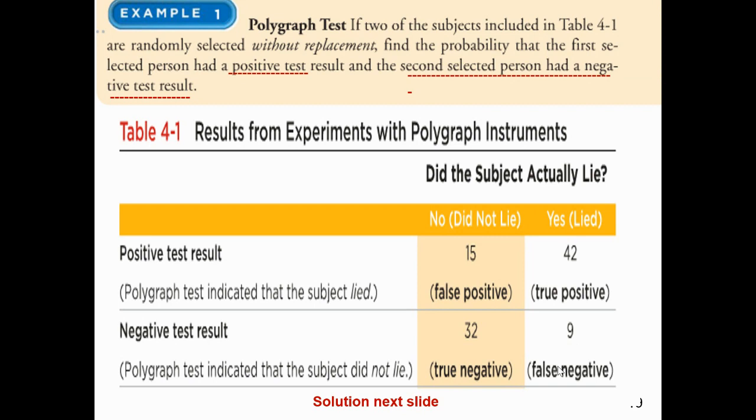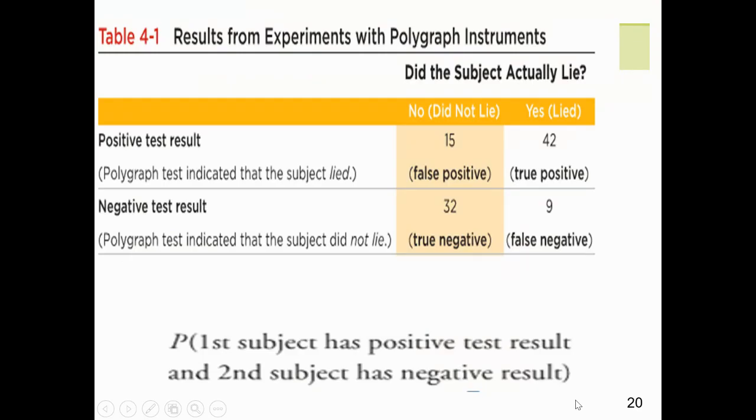All right, so the first thing I need to do here is, well, I guess I'm not doing it just yet. This is the same slide as the previous one. Here's what he's asking us: find the probability that the first subject had a positive test result and the second subject had a negative test result. Well, what's missing here is totals.